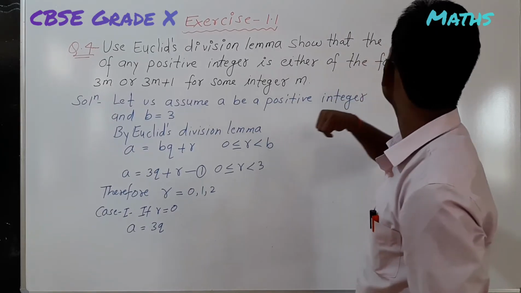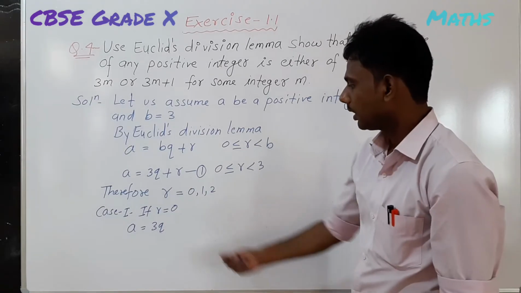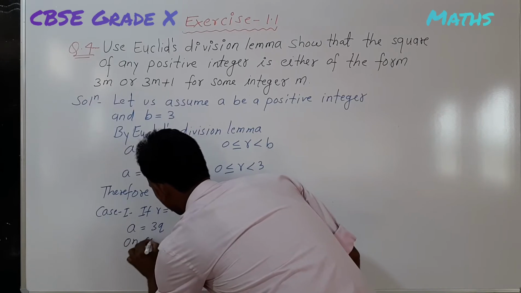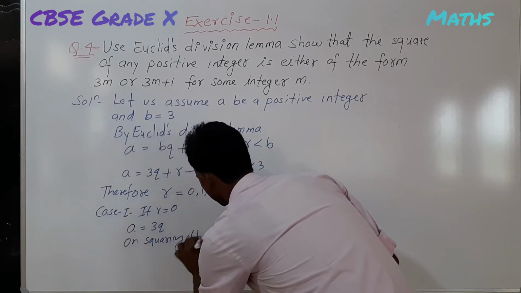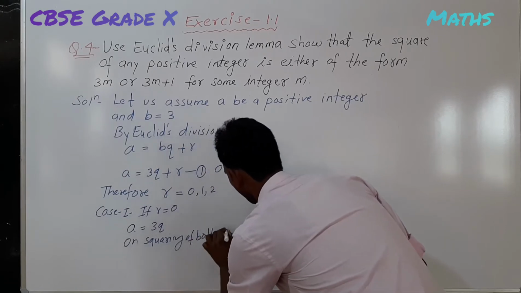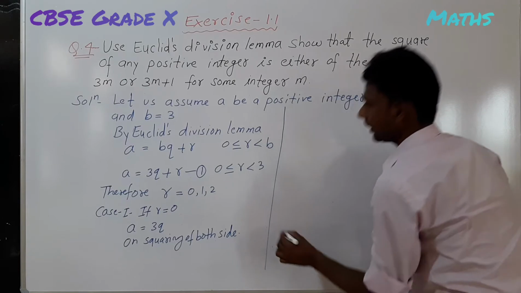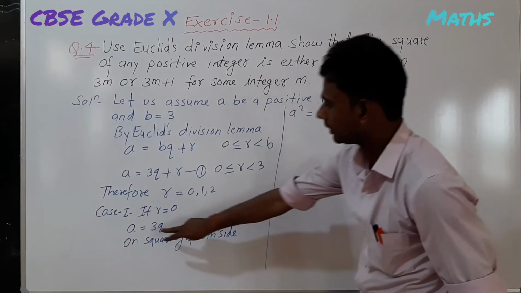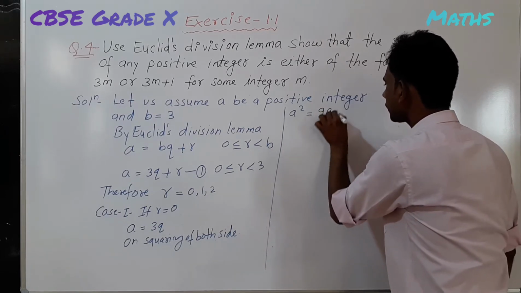Now the question is about the square of any positive integer, so squaring both sides, we get a square equal to 3q whole square, which means 9q square.